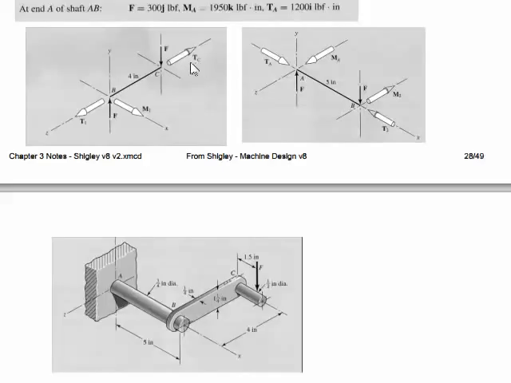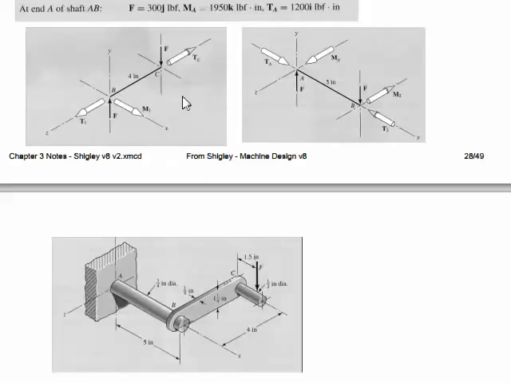The author shows that right here as a torque applied to the part in the direction shown. Point your thumb in the direction of that thing, curl your fingers, it tells you the direction of the torque. And then these would be resisting that torque. So we're going to have the same torque on the other end, equal and opposite.